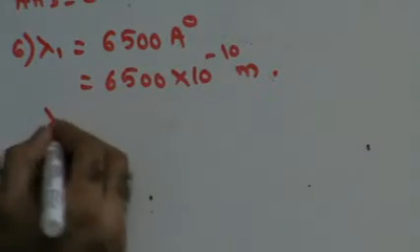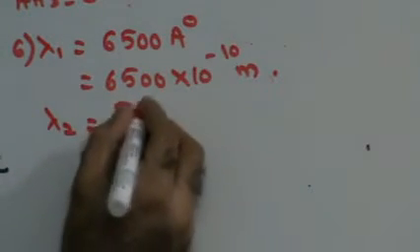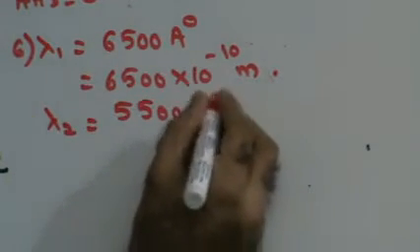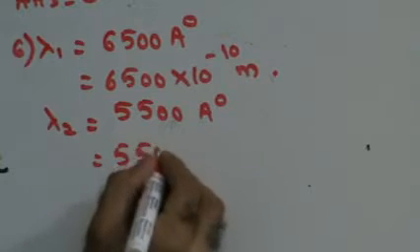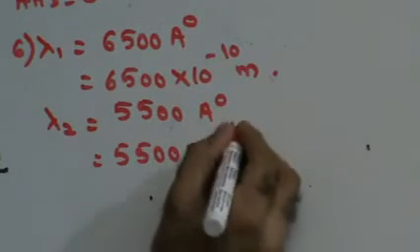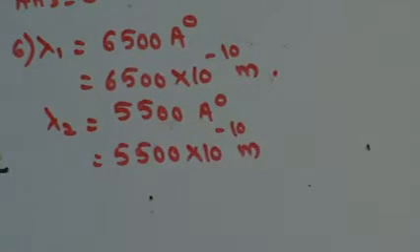This is now replaced by a light of 5500 Angstrom units.